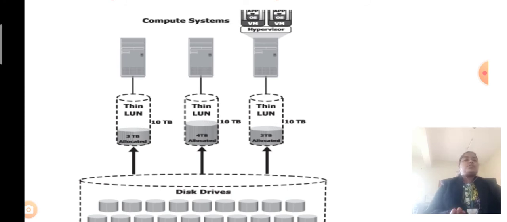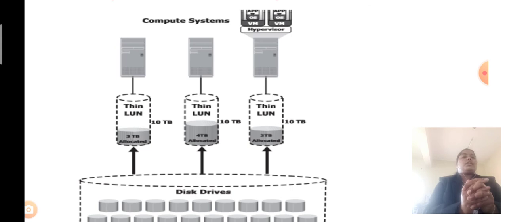The storage is allocated to the host on demand from a shared pool. The third one is a shared pool refers to a group of disks, which may be homogeneous or heterogeneous disks, and all of it contains our shared pool data.